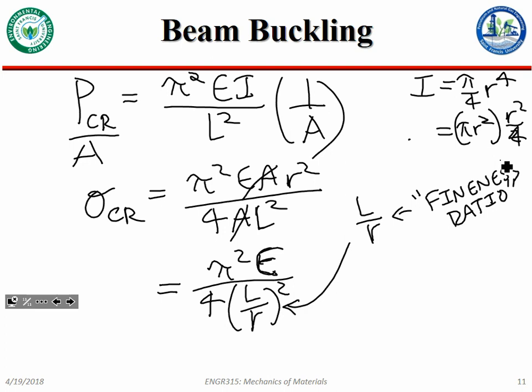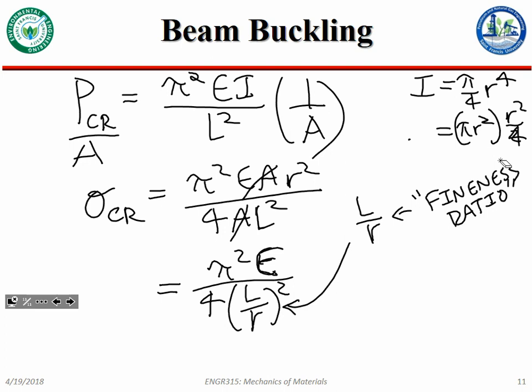It's just easy to show with a circle. All right. So buckling is going to occur potentially before yield, and it's all based on essentially this fineness ratio and how stiff the beam is.